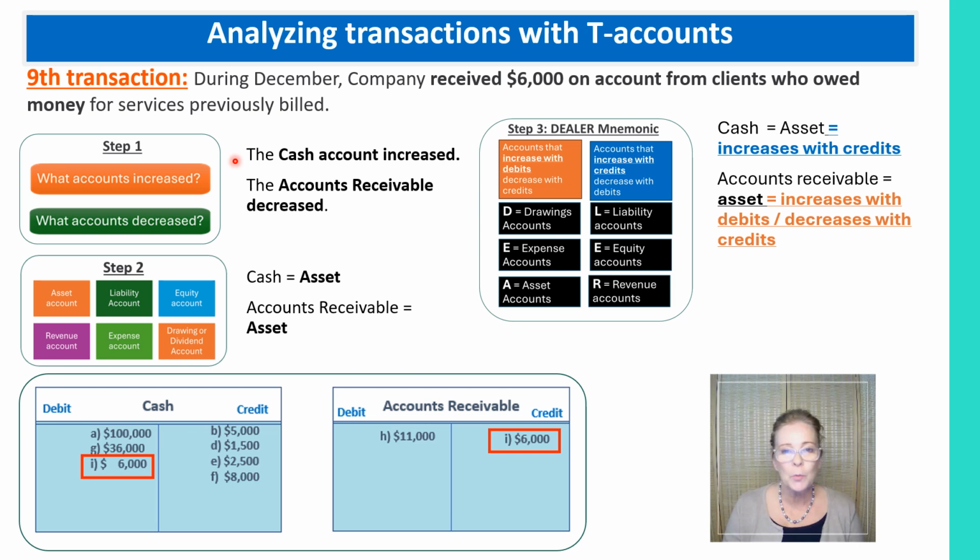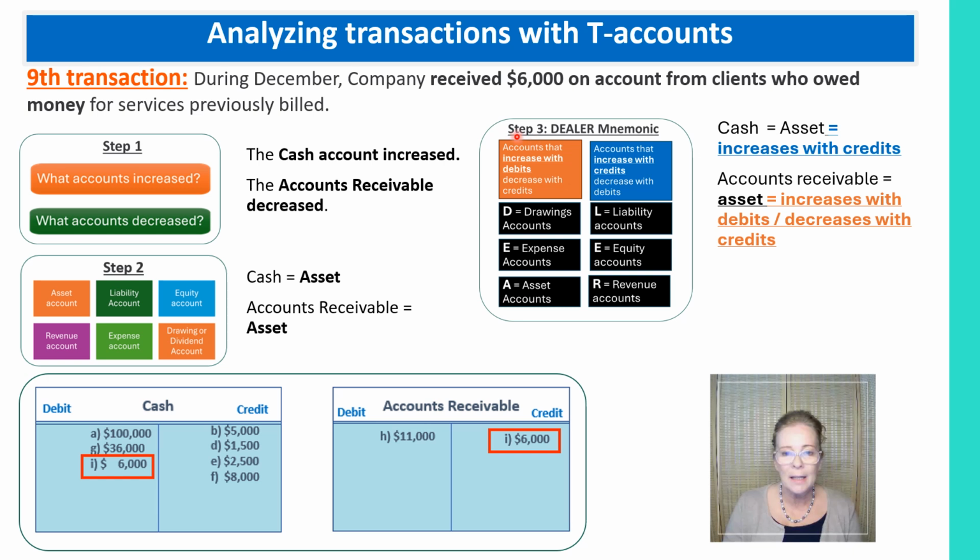In addition, the customers that previously owed money to Eli's Consulting now owe less money, meaning accounts receivable decreased. In step 2, we ask what kind of accounts are cash and accounts receivable. Cash is an asset, and so is accounts receivable, because money is owed by a customer as a form of property. So only assets are impacted by this transaction.